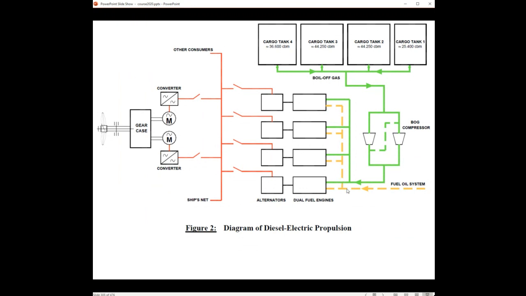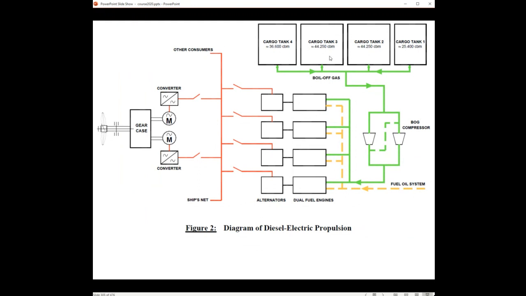Another possibility is that you have a fuel oil system. I will go to dual fuel engines that generate electricity that can be used for an electric motor. And here you have the option to choose fuel oil or boil-off gas.